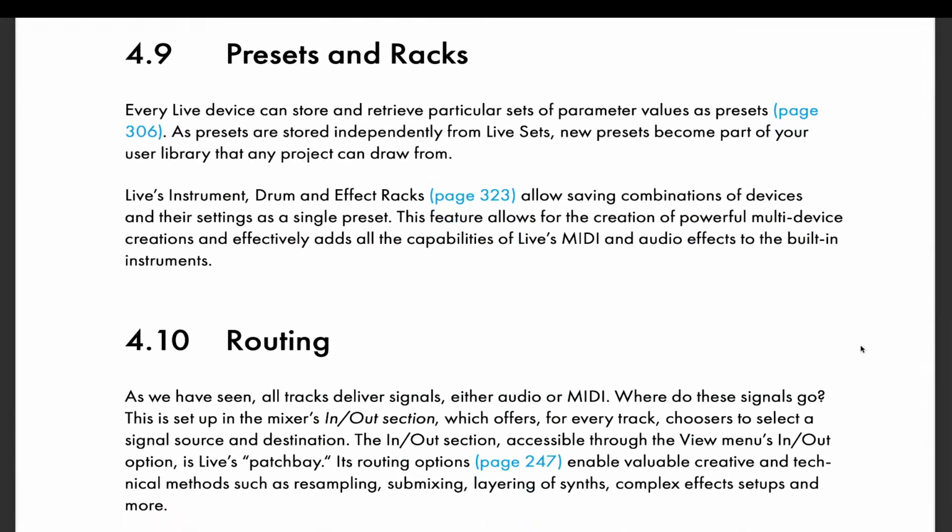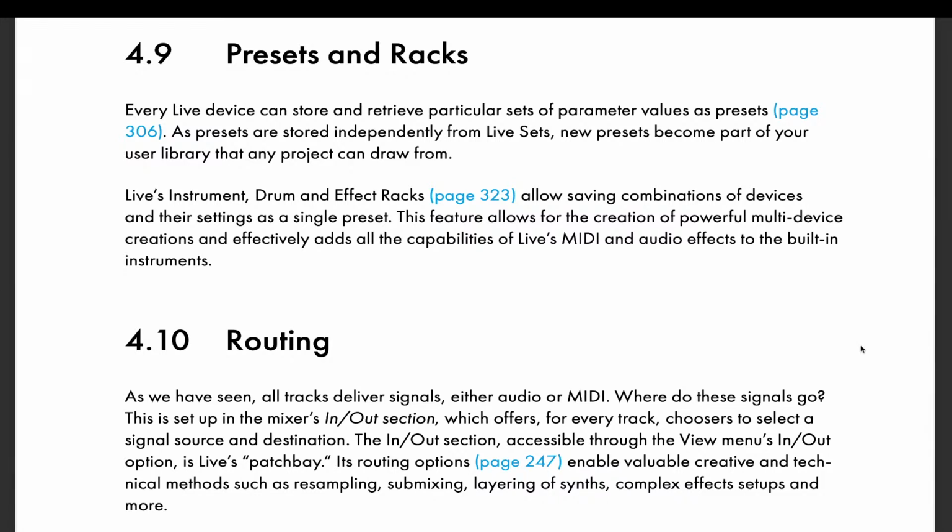Presets and racks. Every Live device can store and retrieve particular sets of parameter values as presets. Page 306. As presets are stored independently from Live sets, new presets become part of your user library that any project can draw from.